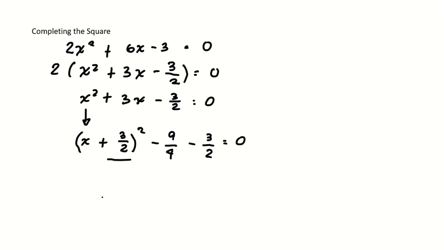Okay. So we process this first, step by step. So this is like x plus 3 over 2 squared. This is like a common factor is 4. Least common denominator, I mean, is 4. So we have here 9.